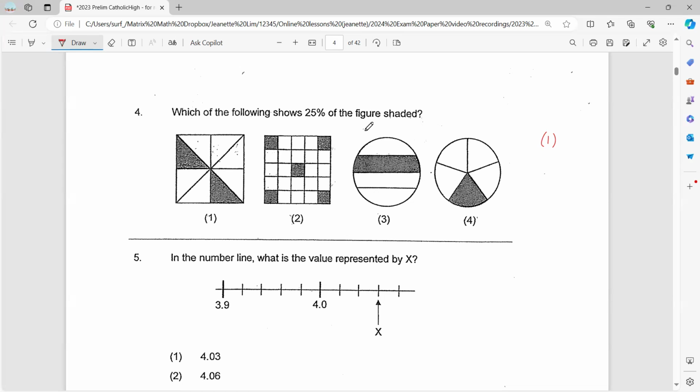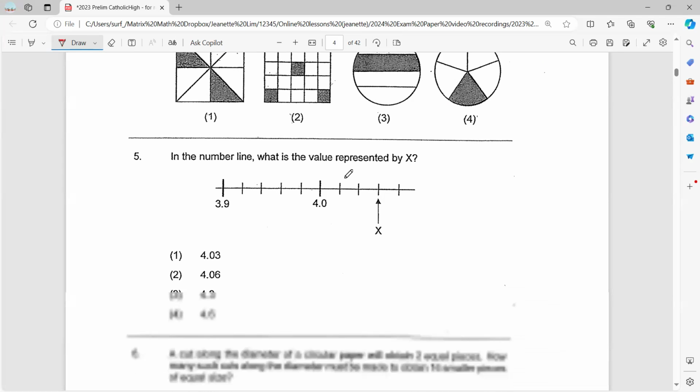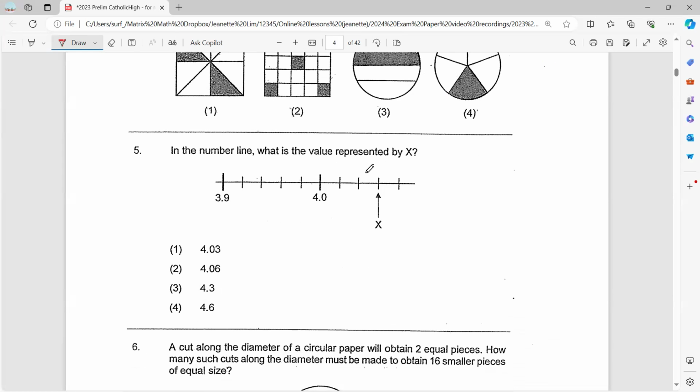Question 5, in a number line, what is the value represented by x? Okay, so we have 3.9 to 4.0. That is an increment of 0.1. In 0.1, there are 1, 2, 3, 4, 5 intervals in between. So if I take 0.1 divided by 5, 0.1 is the same as 0.10.